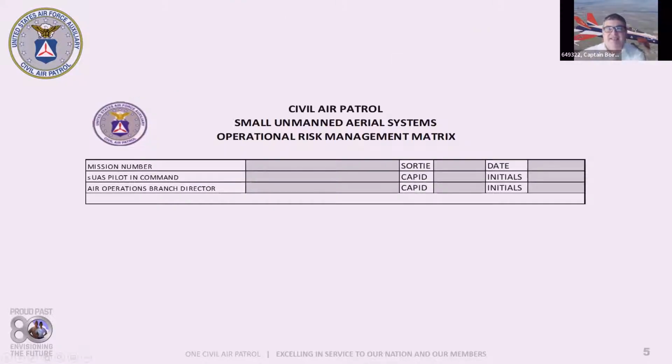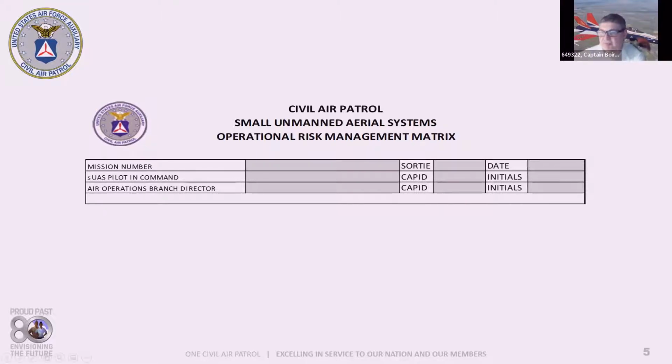So this is the identifying area, pretty self-explanatory. Where do you find your mission and sortie number? First. Right? Wimmers, exactly. So that's where you're going to get your information. So we're going to take a look at the real meat and potatoes of this document in a second.